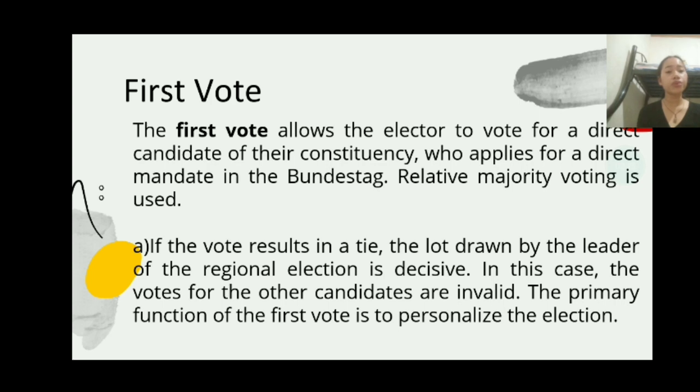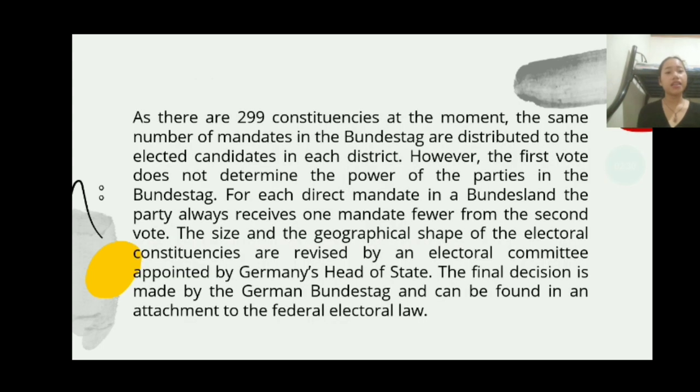If the vote results in a tie, the lot drawn by the leader of the regional election is decisive. In this case, the votes for the other candidates are invalid. The primary function of the first vote is to personalize the election. So this is the function or the purpose of the first vote.